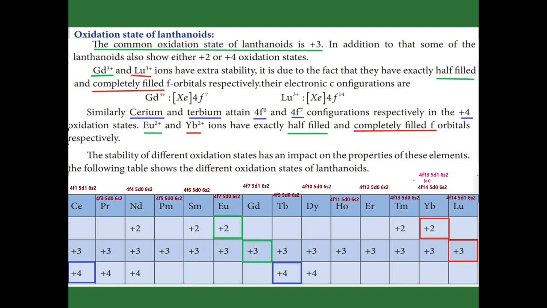If we lose the 2 electrons of the 6s orbital alone, it gains oxidation number +2 and attains the stable configuration 4f14. So the lanthanoids show variation in oxidation number. +3 is the common oxidation number, and sometimes they show +2 and +4 oxidation numbers.